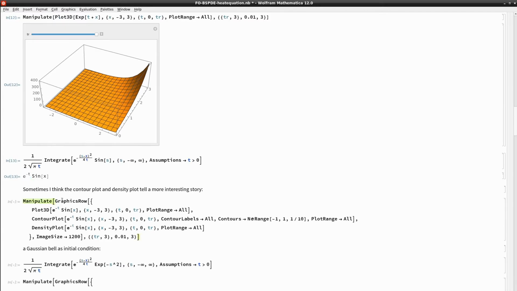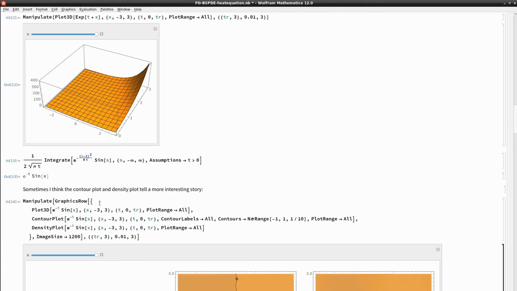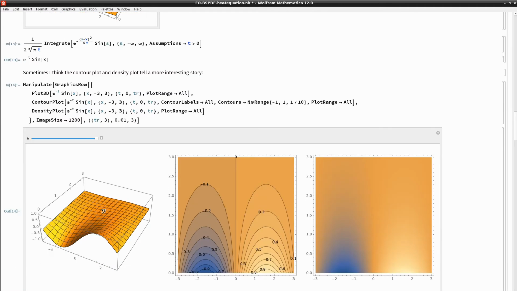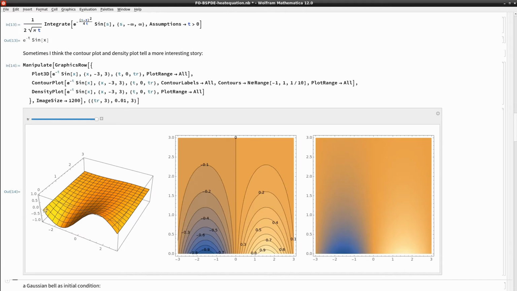So let's look at this graphically, and I think sometimes a contour plot or density plot says more than a three-dimensional plot. You see that here we start with the sine function. This is our initial condition, and over time the sine function decays. We can still maybe see a little bit of a sine nature here at the end, but it's almost completely smoothed out.